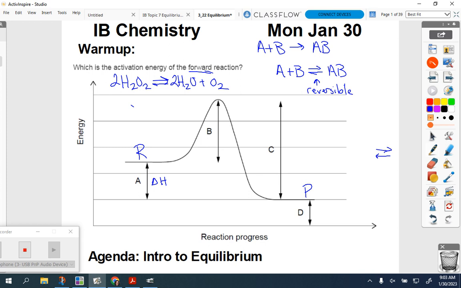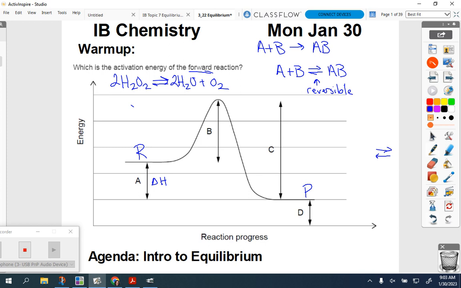Okay, so looking at this energy diagram again, if I'm telling you that this reaction is reversible, that it can go either in the forward direction or the reverse direction, what is the activation energy of the reverse reaction? C, yes, exactly. The difference between the energy of the reactants in that direction and the peak of the curve.